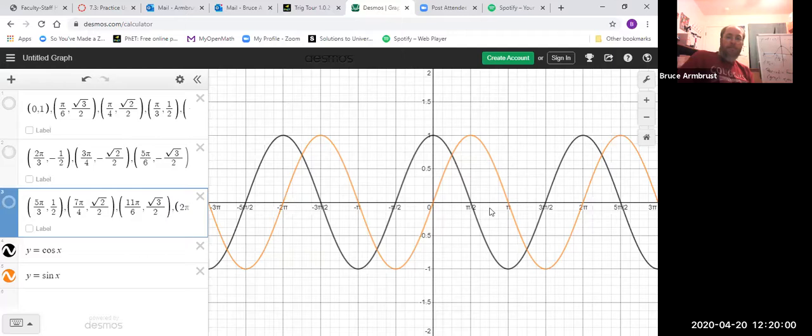They're still pi away from each other. And then if we look at period, the period is the same thing. If we just look at the graph from 0 to 2 pi, and then we just copy that, we get exactly the same thing. So a lot of the features of sine are identical to those of cosine. The only thing we have to realize is that the intercepts have changed. Okay, so let me go back to the whiteboard.